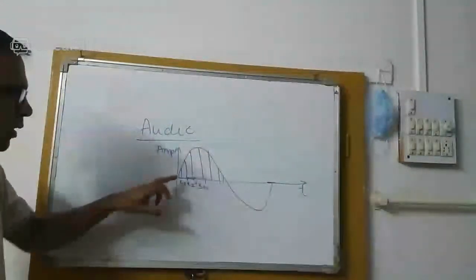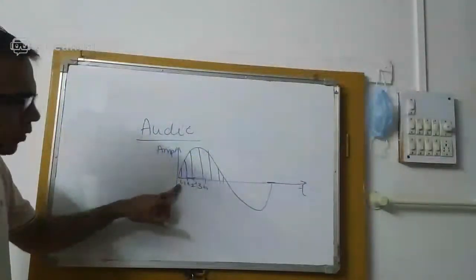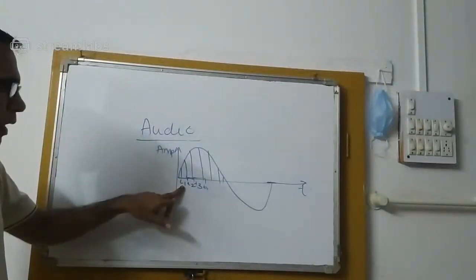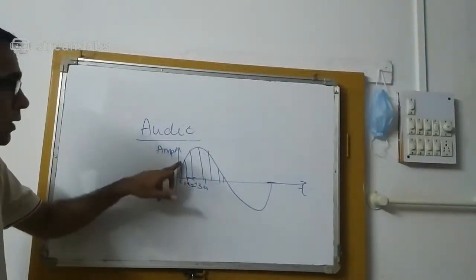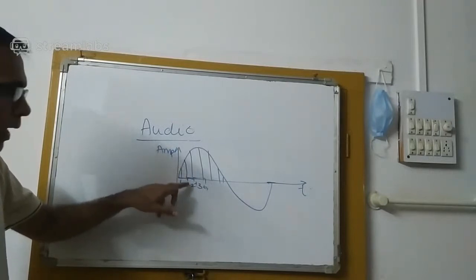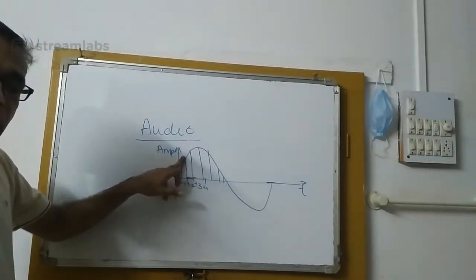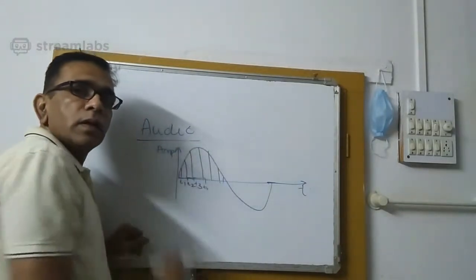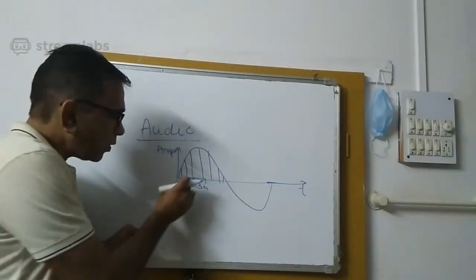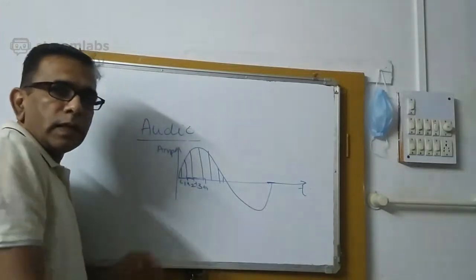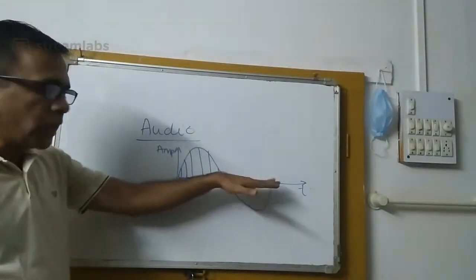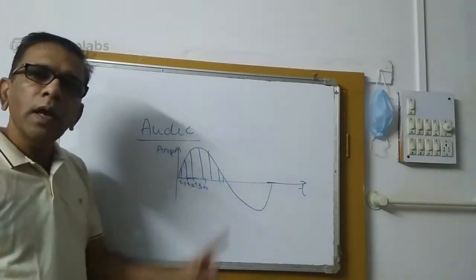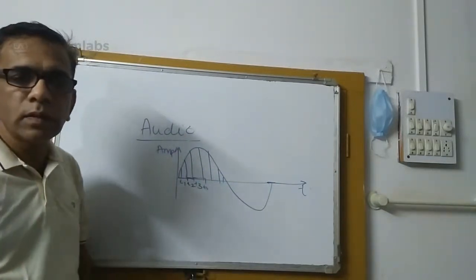Taking a sample means you are measuring the waveform amplitude at this time. Say at time t1, what is the value of amplitude? At time t2, what is the value of amplitude? Rather than continuous measurement of the amplitude of this signal, you divide the whole timeline into small discrete units, and you measure the amplitudes at those time intervals.